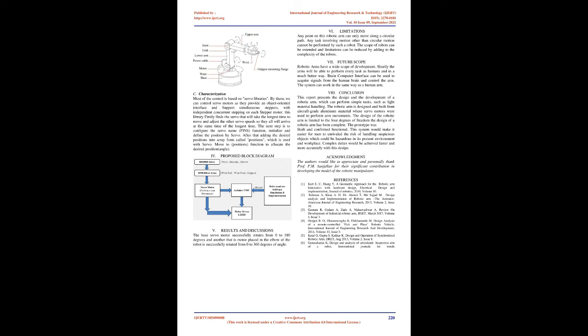The next step is to configure the servo name, pins, function, initialize and define the position by servo. After that, the desired positions are added into an array called positions, which is used with the servo move-to-positions function to allocate the desired position, angle.